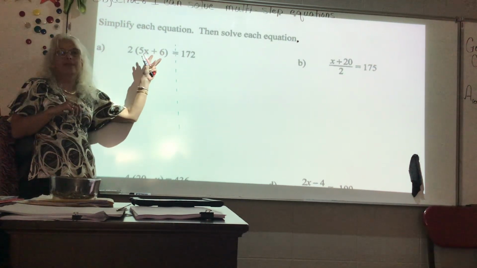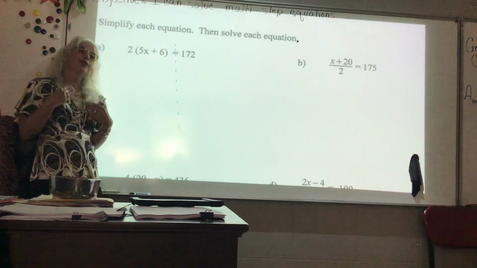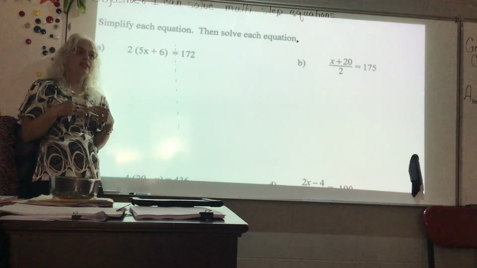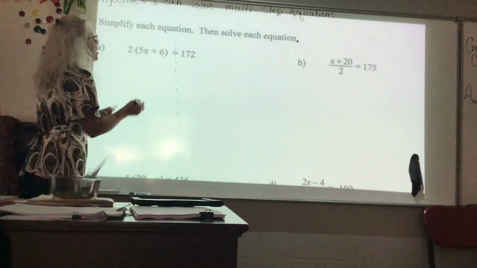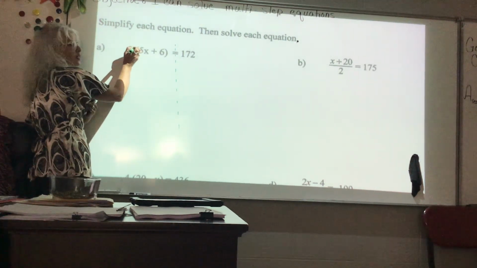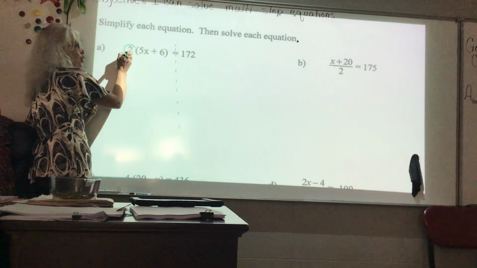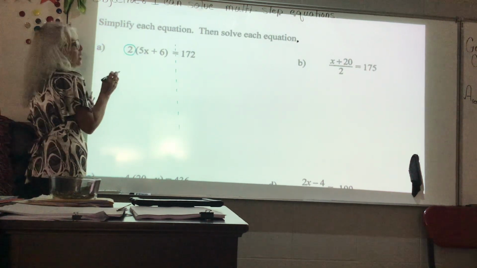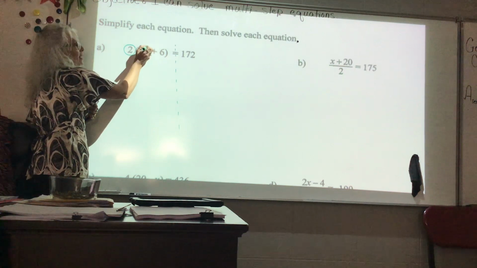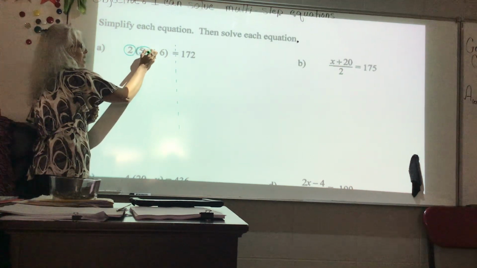These have parentheses. That means we have got to do that distributive property, and distribute means to hand out or to pass out type of thing. So I'm going to take and distribute the 2 that's in front of the parentheses. Circle it, please. And I'm going to distribute it to the first term inside.